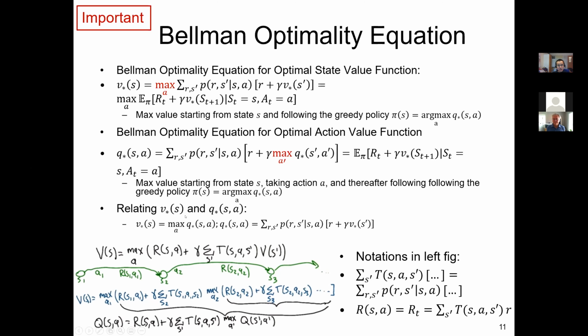So relating V star and Q star, you have V star (s) is the max over a of Q star (s, a), and Q star (s, a) is the expectation over r and s prime of r plus gamma V star. This can also be seen from this figure here. So V star (s) is the max action over Q star (s, a).